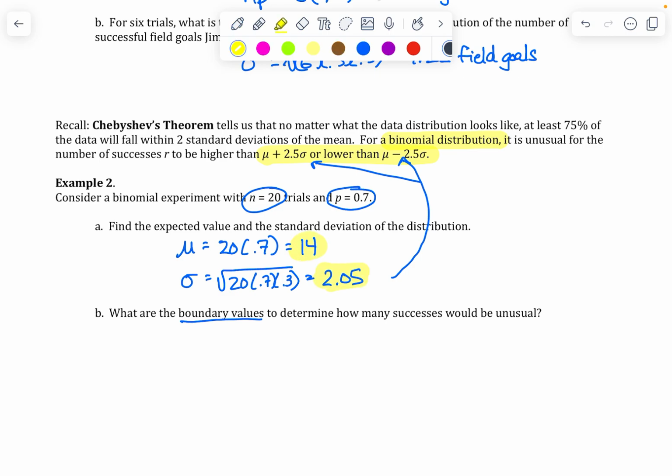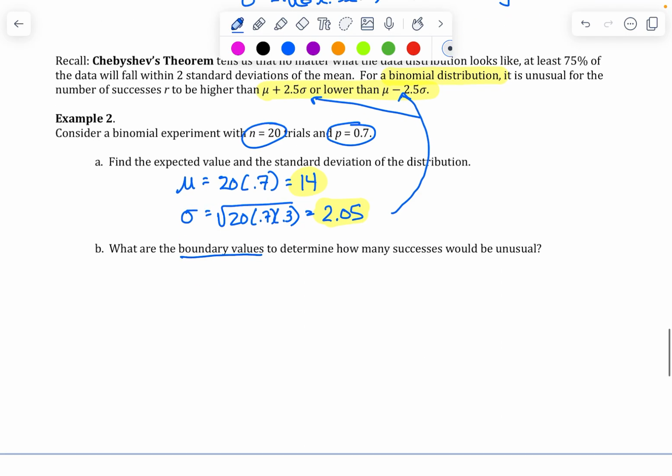So on average, he'll make 14 baskets, and you're willing to give him a little bit of wiggle room, like, all right, well, maybe he had a good day or a bad day. So the lower boundary is going to be 14 minus 2.5 times that, which gives you 8.875 baskets.